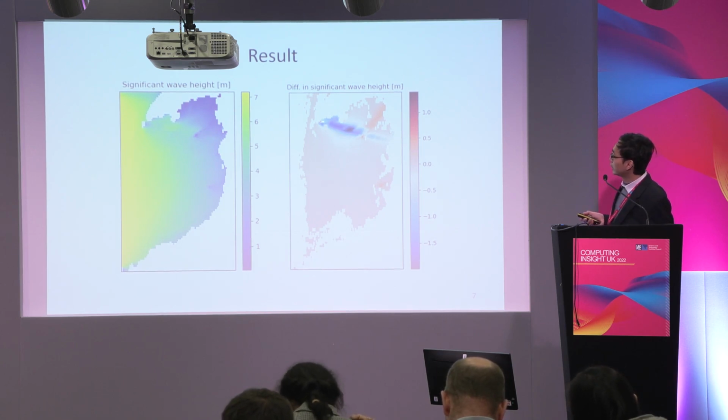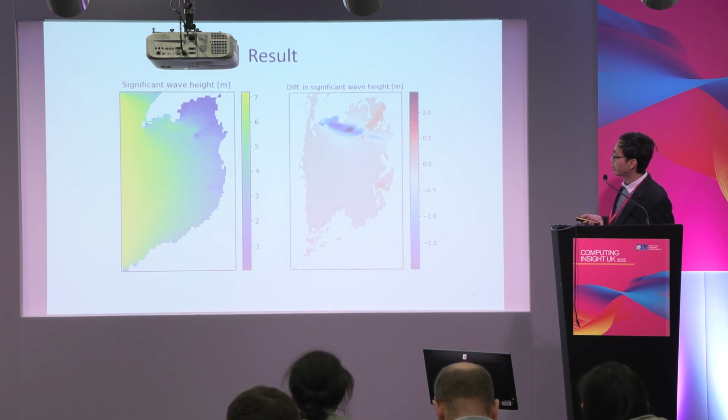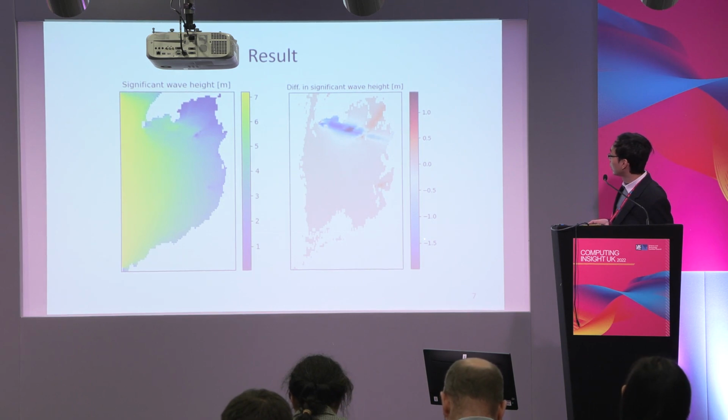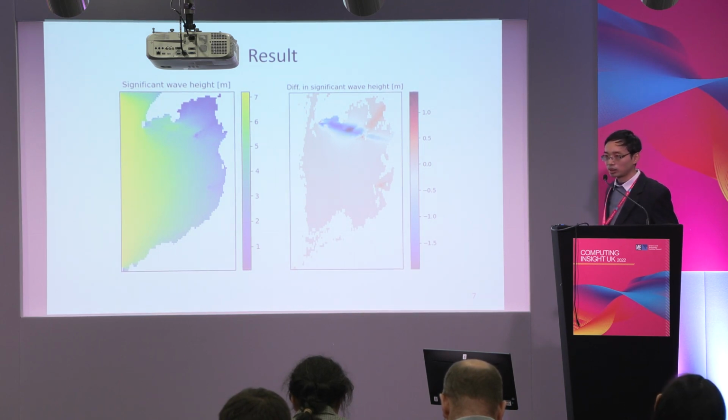However, in this region of the diffraction of the wave through this headland, the significant wave height can be lowered by 1.5 meters if we were to use the hot start approach. So this should be accounted for in our study.